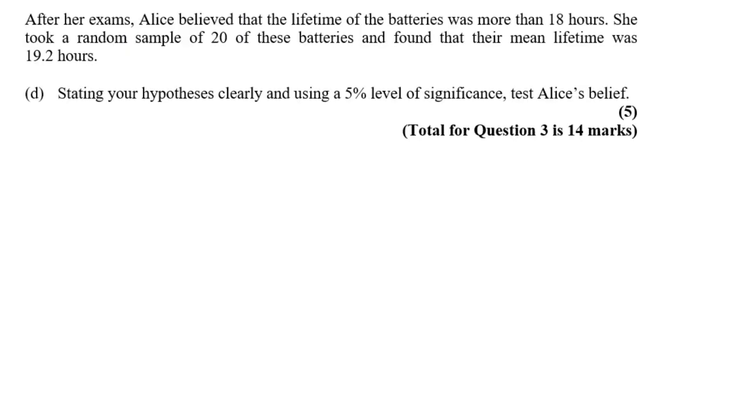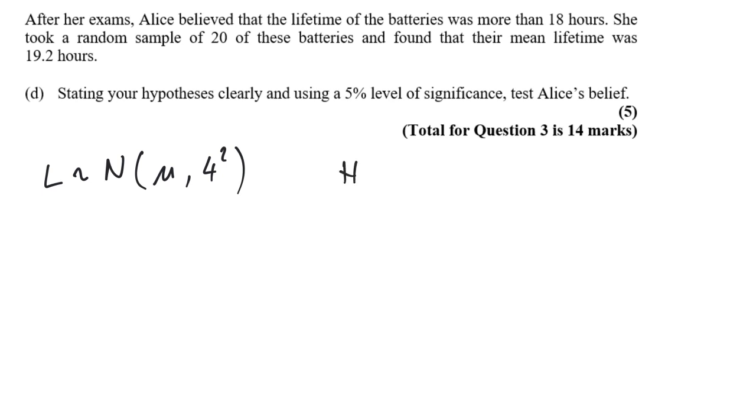Okay. So final part D. After the exams, Alice thought that there might be something hinky about the lifetime. She thought it would be greater than. So we have to complete a hypothesis test on the normal distribution using a sample. We have to remember the things that come from that. So L is modeled as a normal distribution with a mean of mu and a standard deviation of 4, so variance of 4 squared.